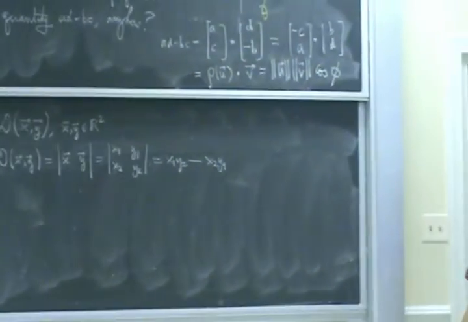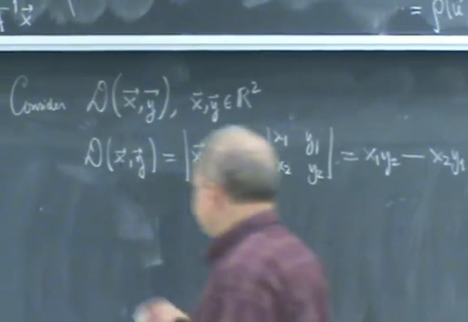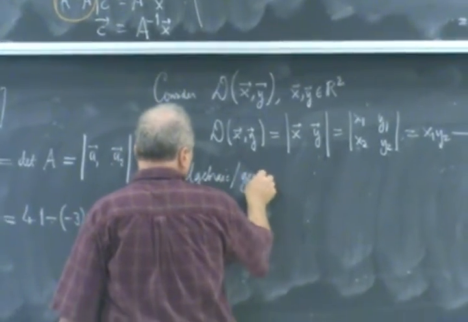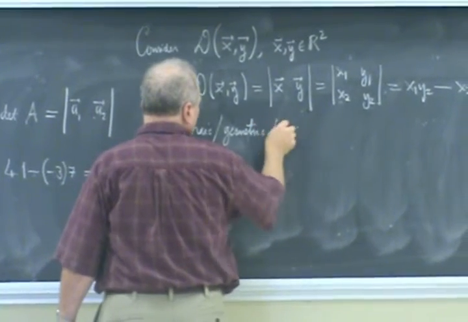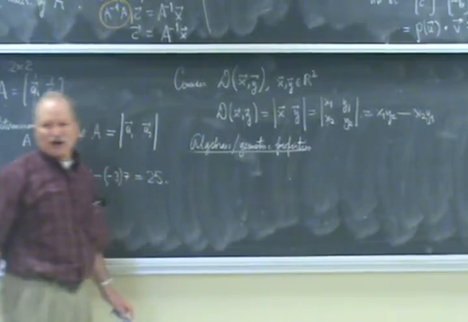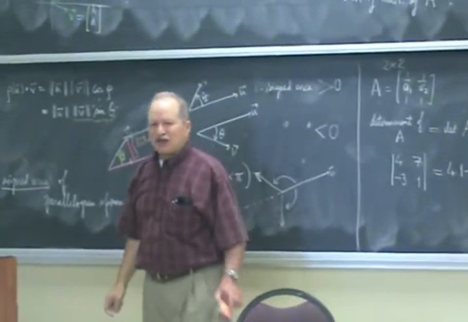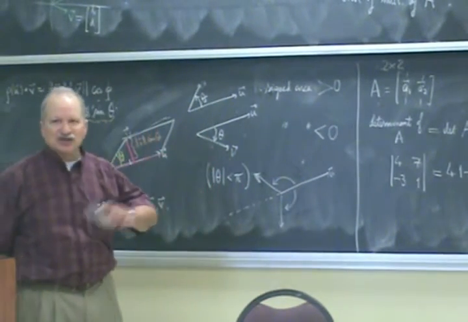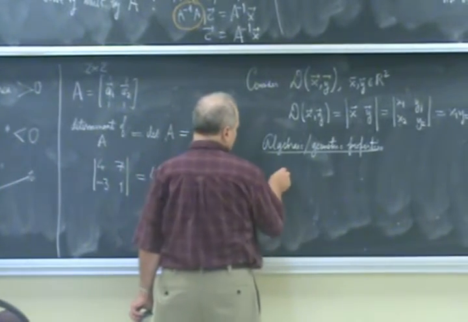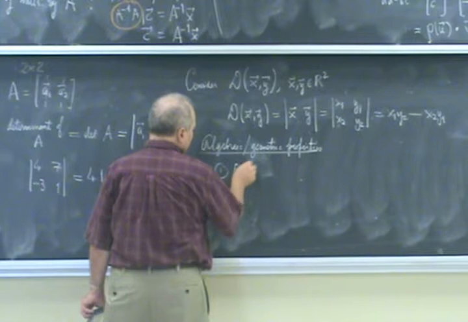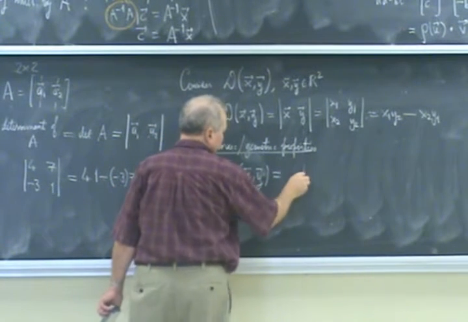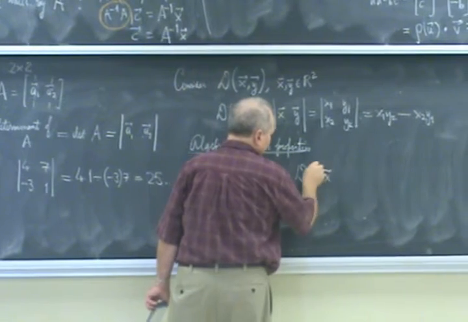So let's think about what properties this has. I'm back to our recurring theme of using algebra to do geometry and geometry to do algebra. Let's see. What happens if I switch x and y? Negative.